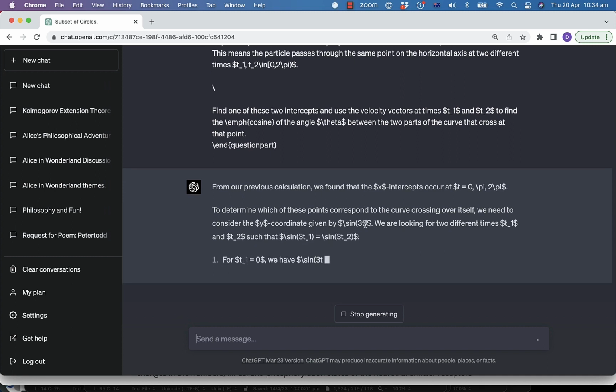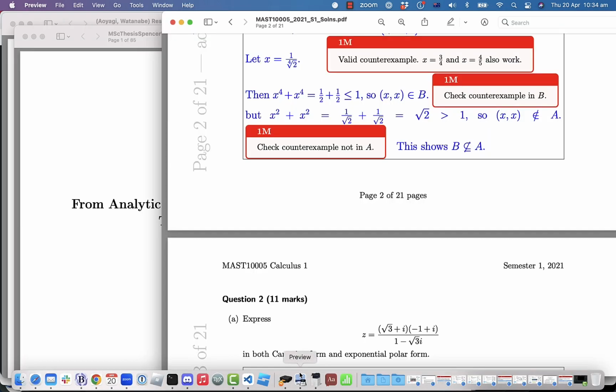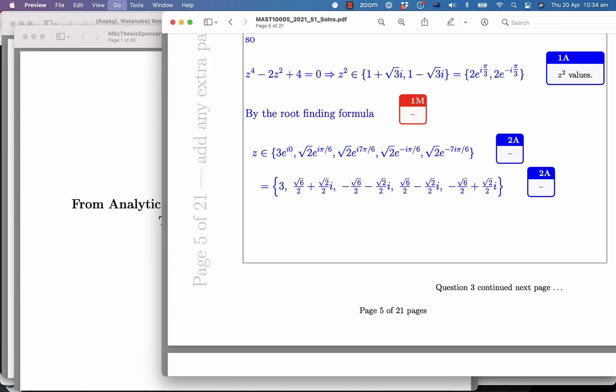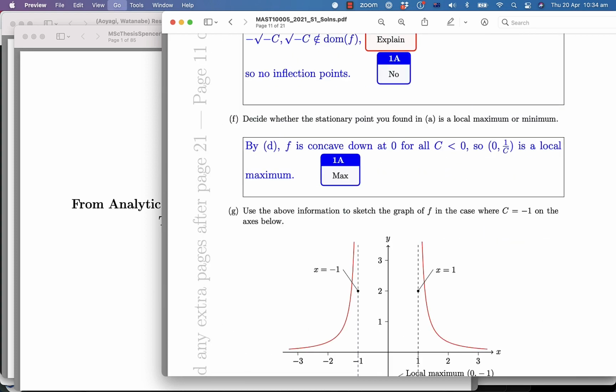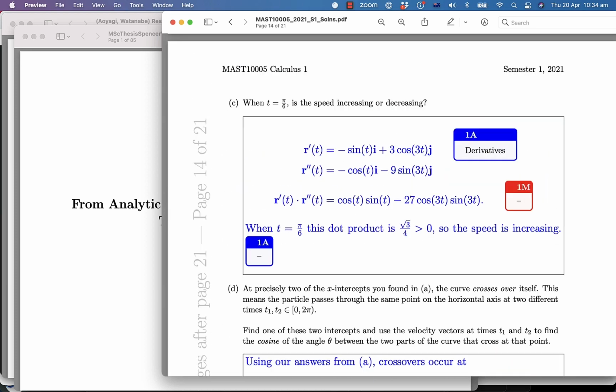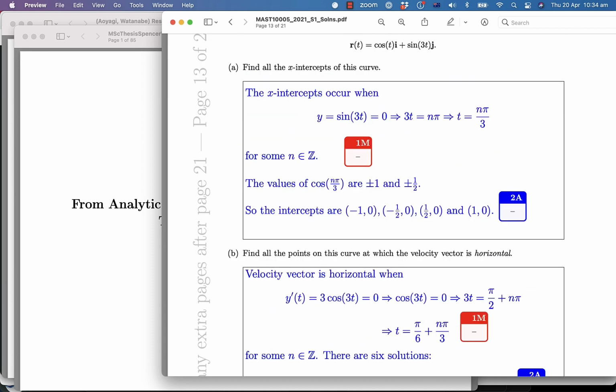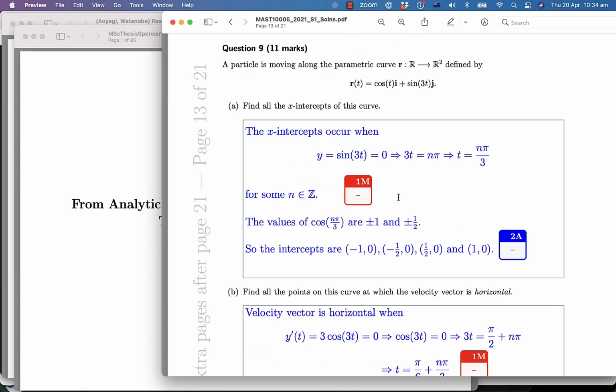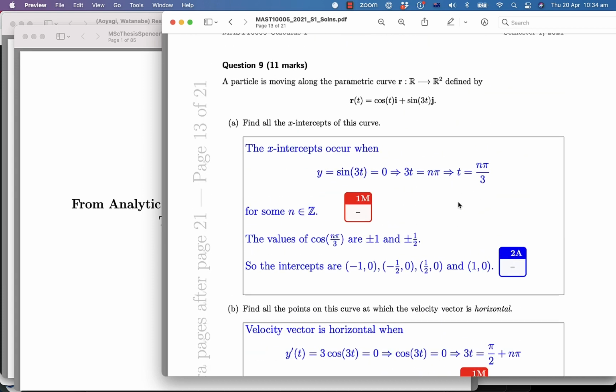From our previous calculation, we found the x-intercepts occur at 0, pi, and 2 pi. I don't remember if that's correct. I don't even remember what question we're on. Let's see. Part A. No, that is totally wrong.